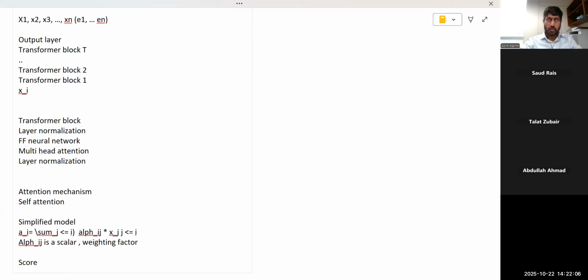So the score for xi and xj is simply the inner product of xi and xj. So this is the inner or dot product. You know that a dot product would give you a value that ranges from minus infinity to plus infinity in general. Okay? And of course, this is for all j less than or equal to i.